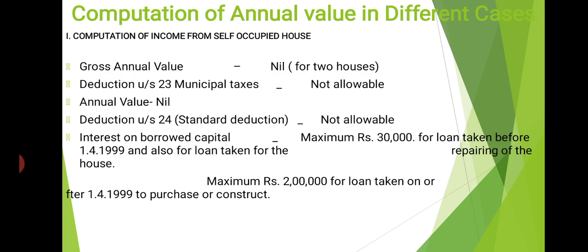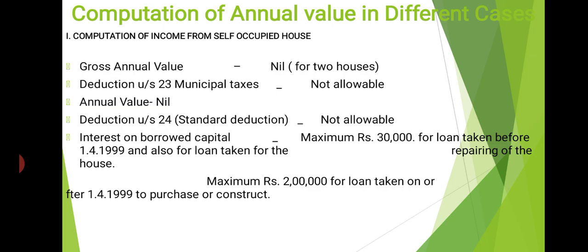That is maximum rupees 30,000 for a loan taken before 1st April 1999, and also for the loan taken for the repairing of the house. Clear? Then one more condition: maximum 2 lakh rupees can be claimed as interest on loan if the loan is taken on or after 1st April 1999 to purchase or construct the house. That you have to bear in mind.